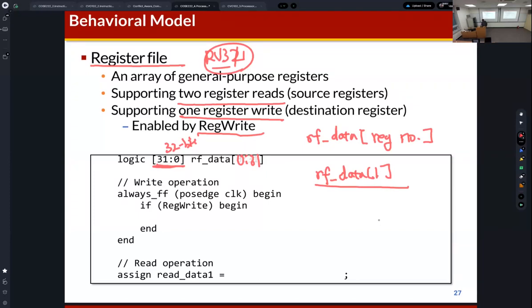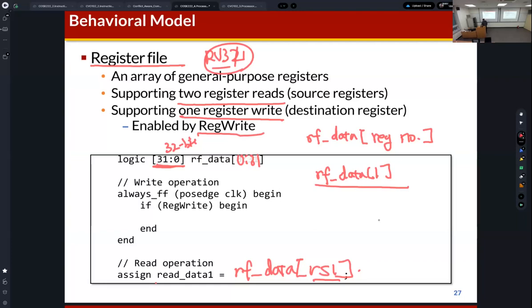So what is this one? Read data 1, the read data for RS1. This is RF underbar data indexed by the register number RS1. It's very simple, right?